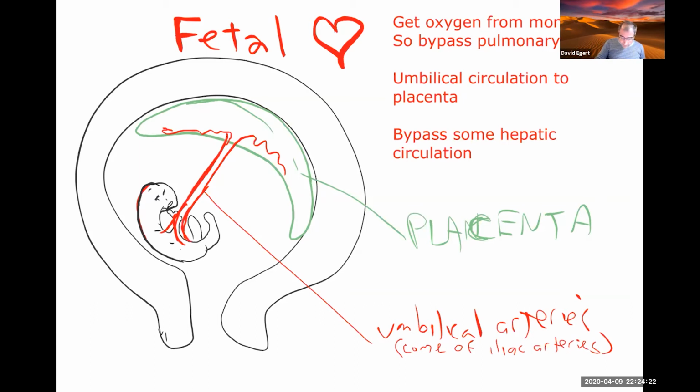And then they return in this big umbilical vein. And I'm drawing it blue. It's actually red, right? Because it just picked up oxygen from your mom. But for whatever reason, I just went by my old force of habit and drew a vein as blue.